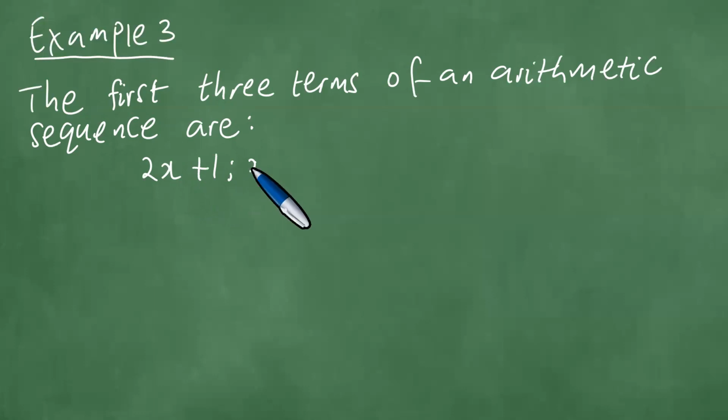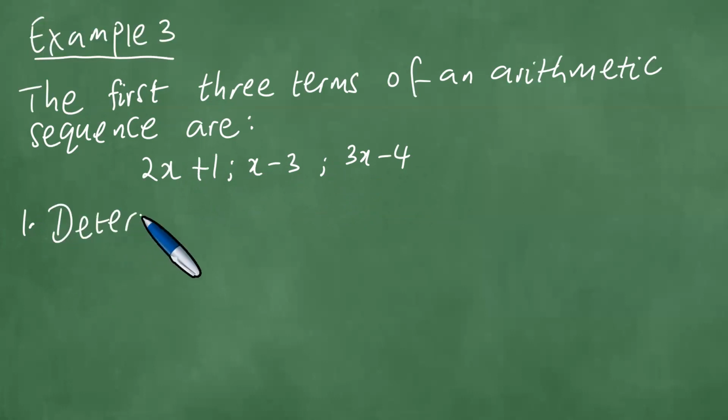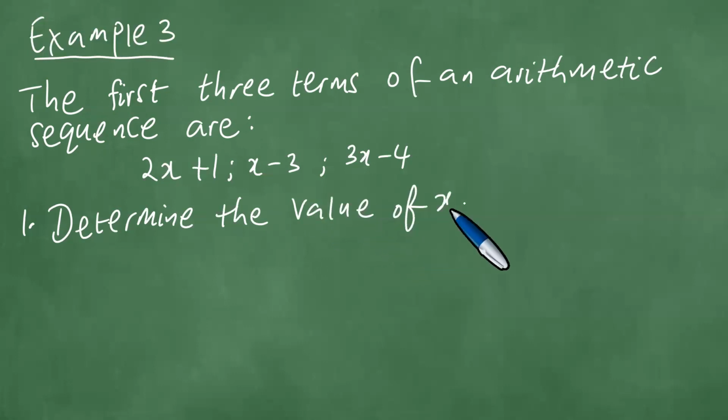Then we have x minus 3. Then we have 3x minus 4. So here in the first case, we need to determine the value of x.